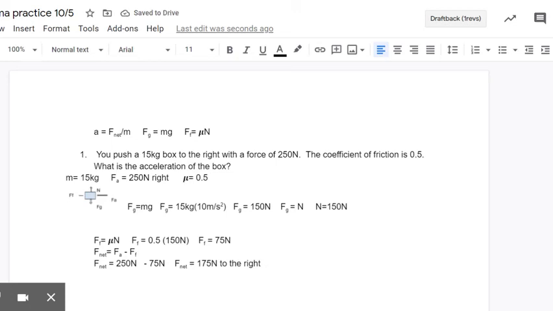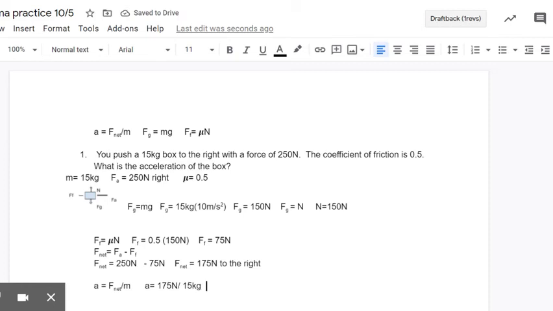And now there's the third equation I haven't used yet, so I'm going to highlight it, copy it, Control C, bring it down, paste it in, and now I solve for my A. A equals the F net, which we said was 175 newtons, divided by the mass, which is 15 kilograms.